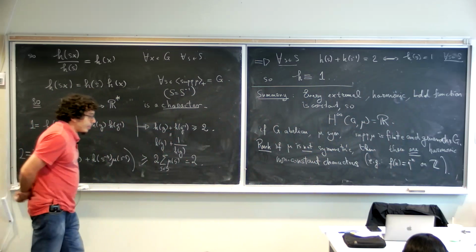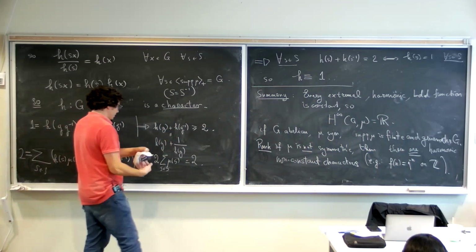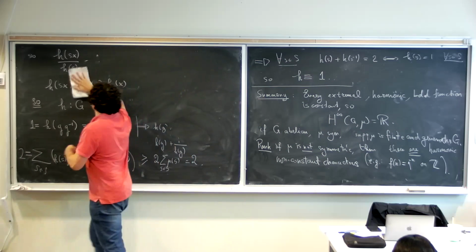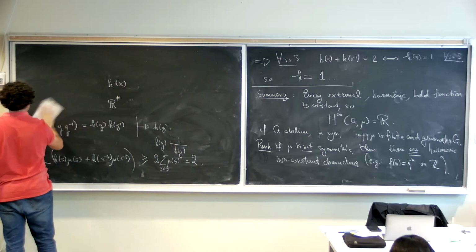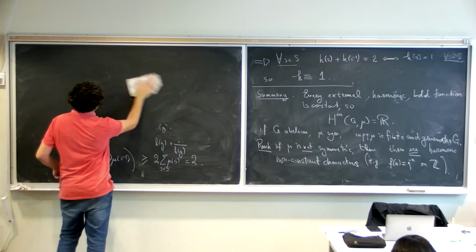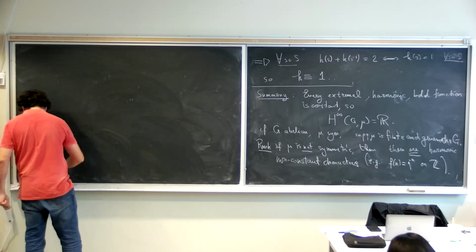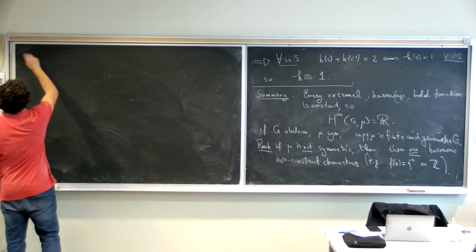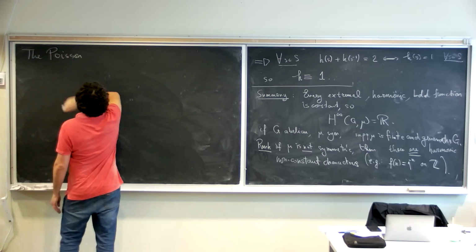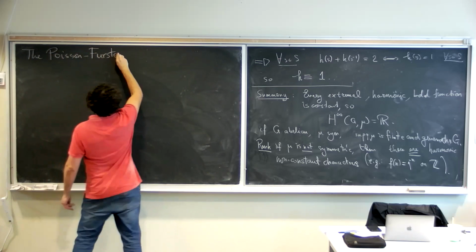So now what we want to discuss is we start this discussion of this Poisson boundary. Yes, this theorem is due to Furstenberg. Sometimes people call it the Poisson-Furstenberg boundary.